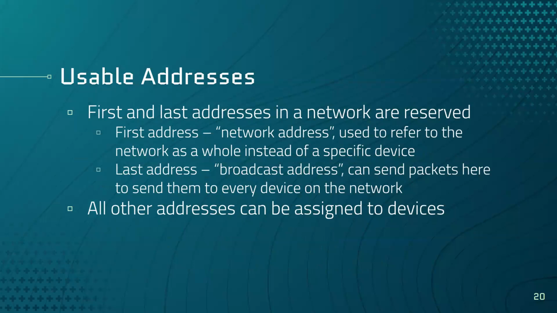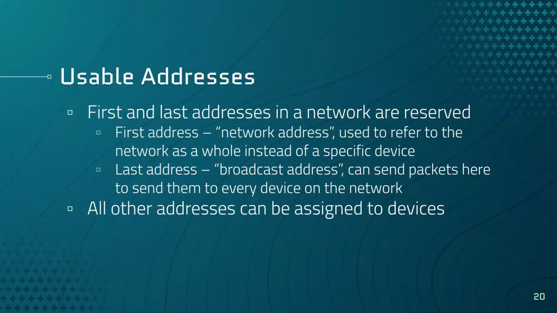Just a quick note about usable addresses on a network. The first and last addresses in any network are reserved. The first address is called the network address. It's used if you want to refer to the network as a whole instead of a specific device, mostly to prevent ambiguity.